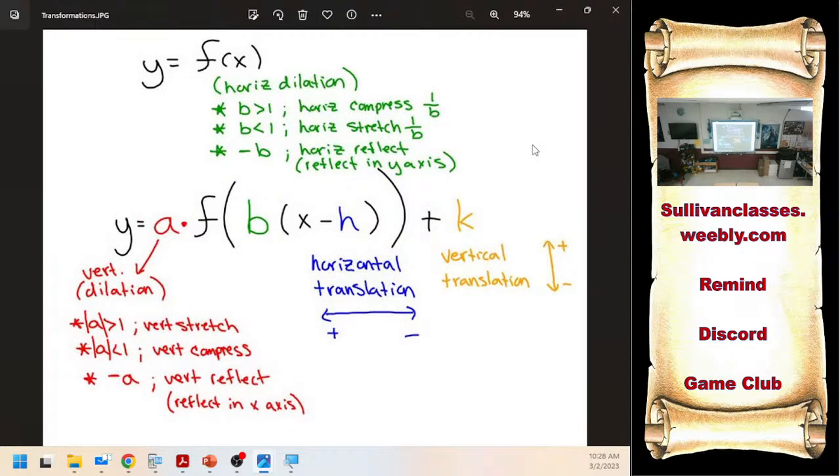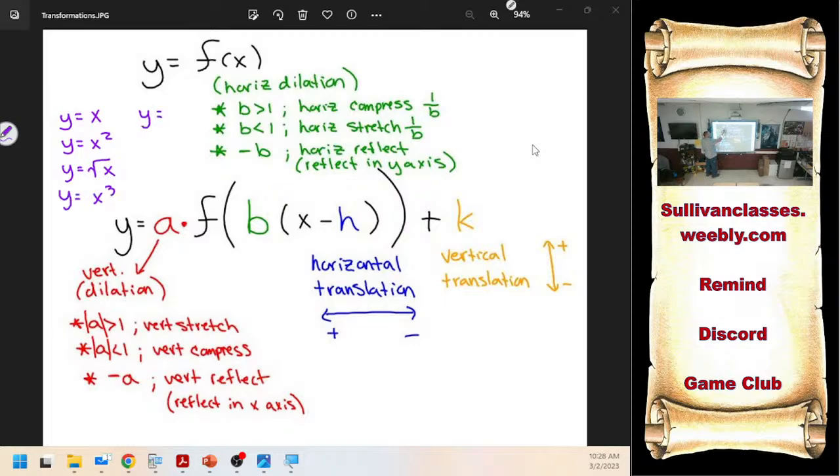So, do you see the H and K stuff? Okay. That happens for any kind of function. That happens for weird stuff that we haven't even seen yet. Some stuff we have, like y equals x, the x replaces this f of x. Y equals x squared, we're doing these two right now. But there's also stuff like y equals square root of x, y equals x cubed.